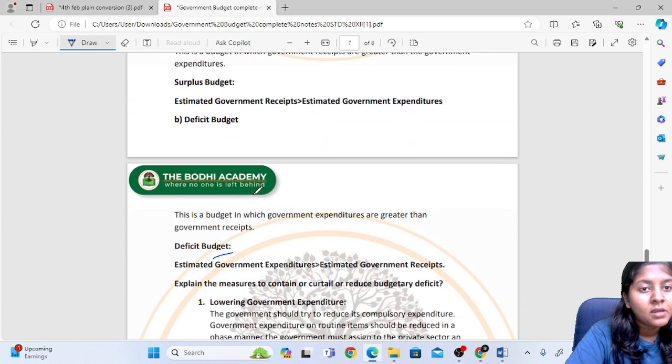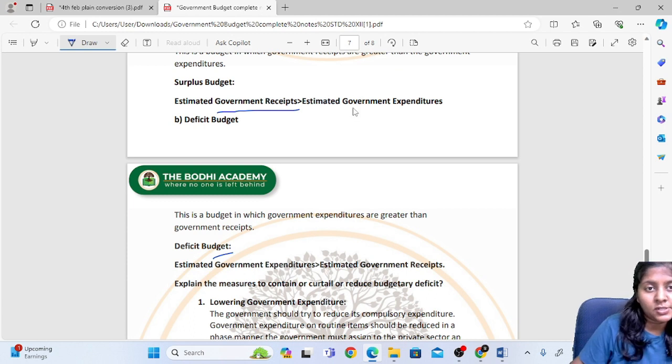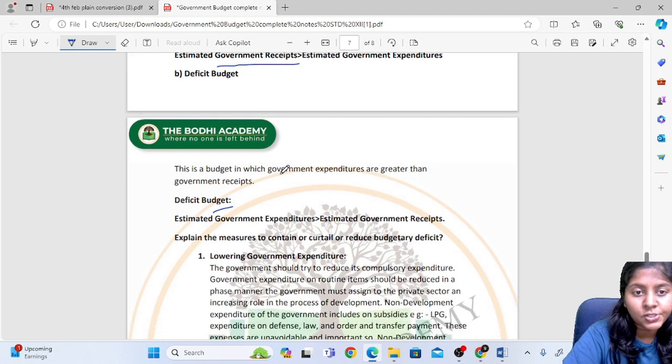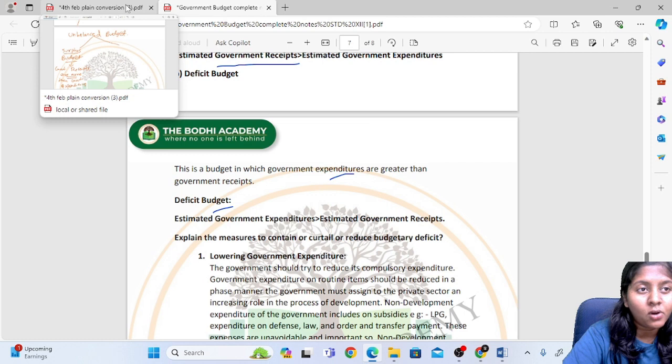Estimated government receipt is more than estimated government expenditure. Then deficit budget. This is a budget in which government expenditures are greater than government receipts.